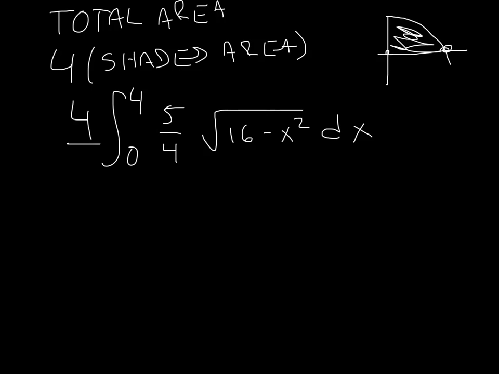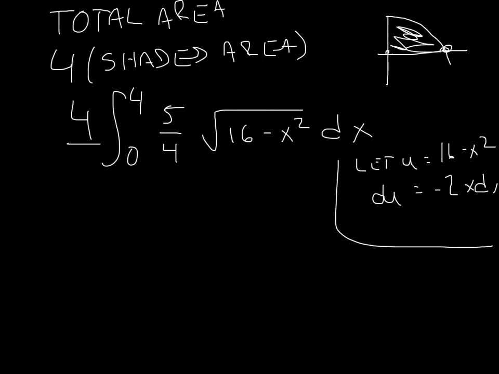As you can see, a little side note: if we let u equal what's inside the radical, which is 16 minus x squared, we see that du gives us negative 2x dx, which is nowhere in our original equation, so we can't really substitute that. So u substitution is out of the question here.